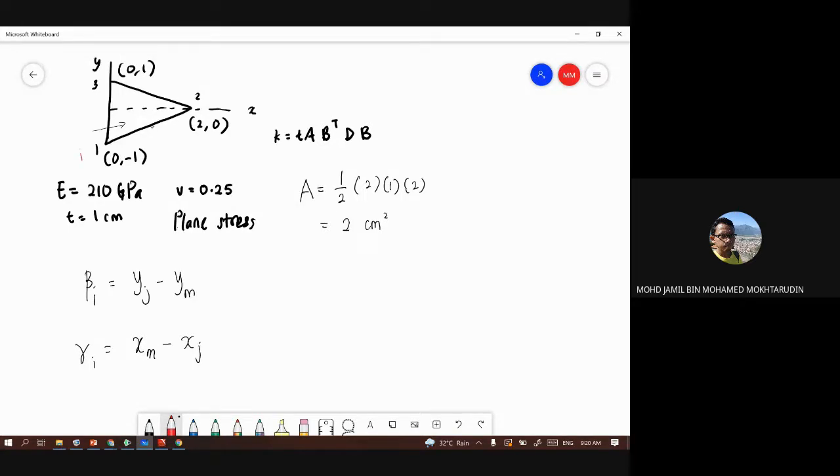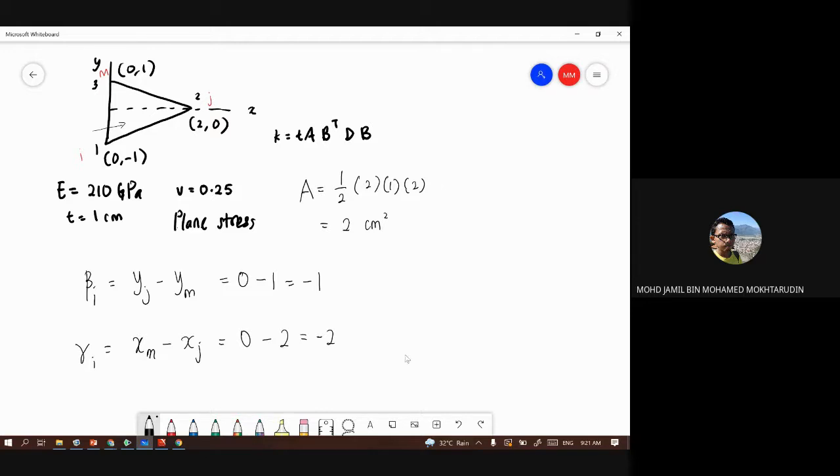So node number 1 will be I, node number 2 is J, and node number 3 is M. Now we can calculate beta and gamma. Beta I equals Yj, which is 0, minus Ym, which is 1, so beta I equals minus 1. And then gamma I equals xm, which is 0, minus xj, which is 2. So gamma I equals minus 2.